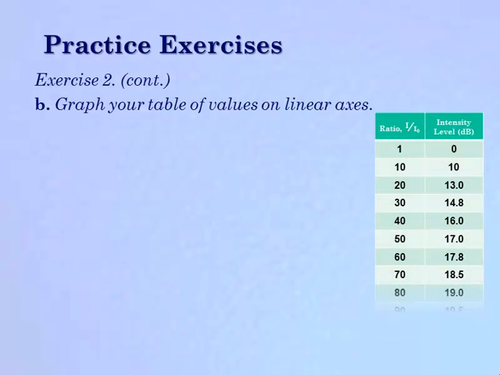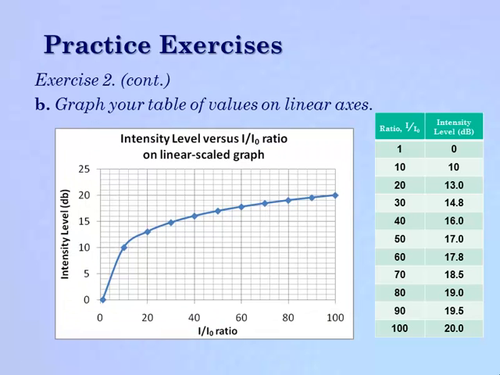So now you're asked to graph the table of values on linear axes. So what scale should we use for our x-axis for the I over I0 ratio when we're ranging from 1 to 100? So we could use a linear scale from 0 to 100 going from increments of 20, and for our y-axis we can go from 0 to 20.